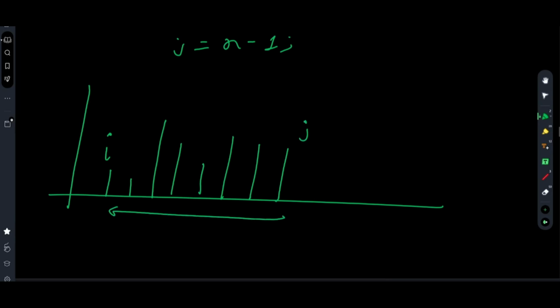This is the width first. Now you will try to increase the height. You see, you get an answer here. The amount of water that can be stored here is undoubtedly this much. So what is the amount of water that is stored?